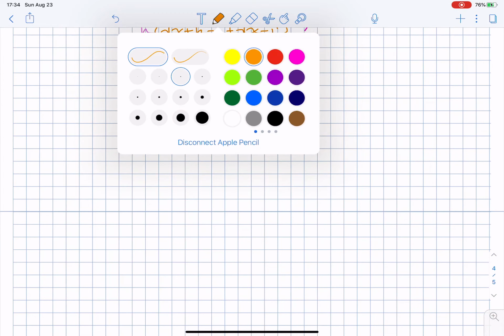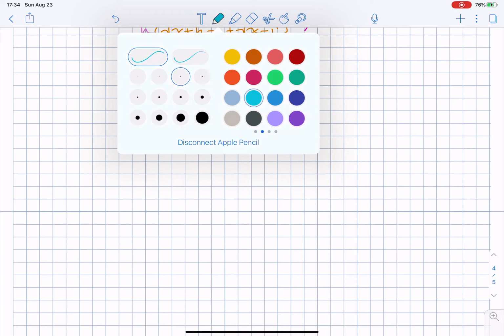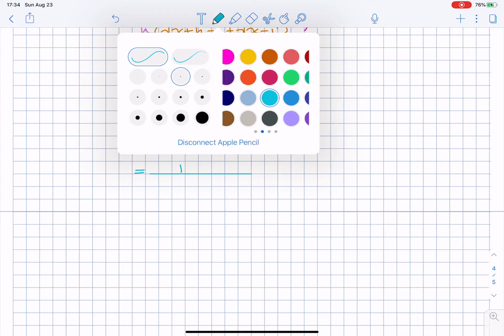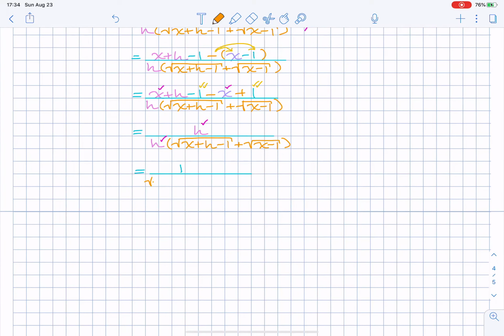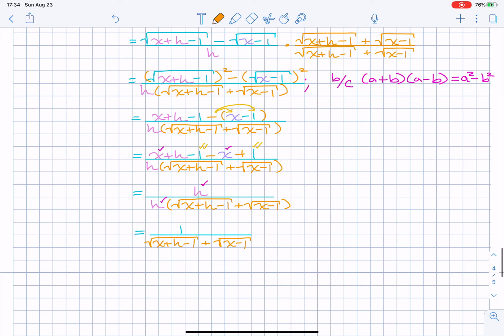And now we see that the h's reduce, giving us 1 over 1. So this will be 1 divided by that orange monstrosity, square root of x plus h minus 1, to which we're adding the square root of x minus 1. And there we are. That was a lot, wasn't it? But it's fun. It's an exercise in concentration.